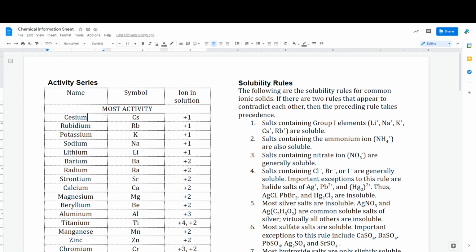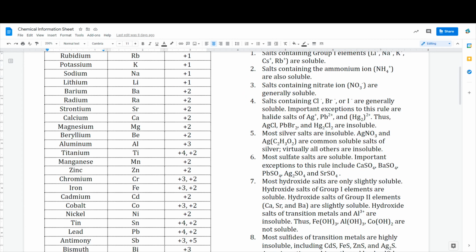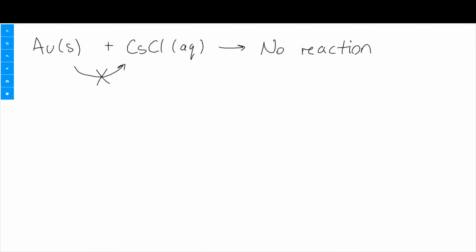Let's do one more reaction, right? So let's say we had chromium metal plus iron chloride, iron 3 chloride, right?